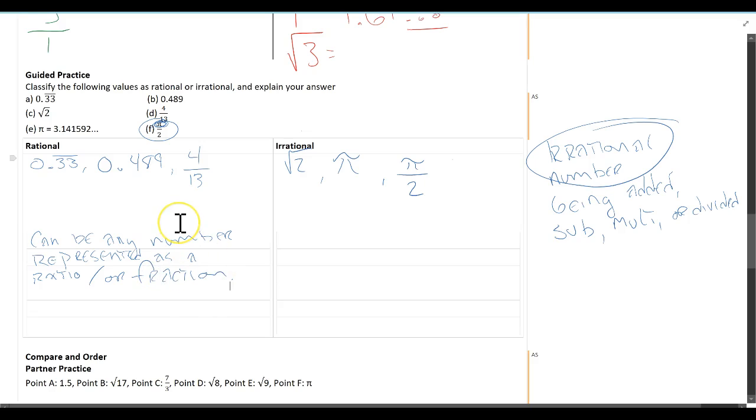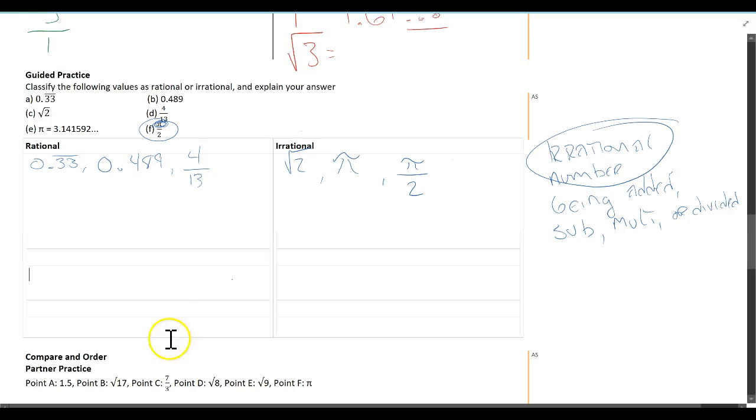And irrational is the exact opposite. It's any number that can't be shown as a ratio or fraction. Any number that cannot be shown as a ratio or fraction. Let me get rid of my awful handwriting here.